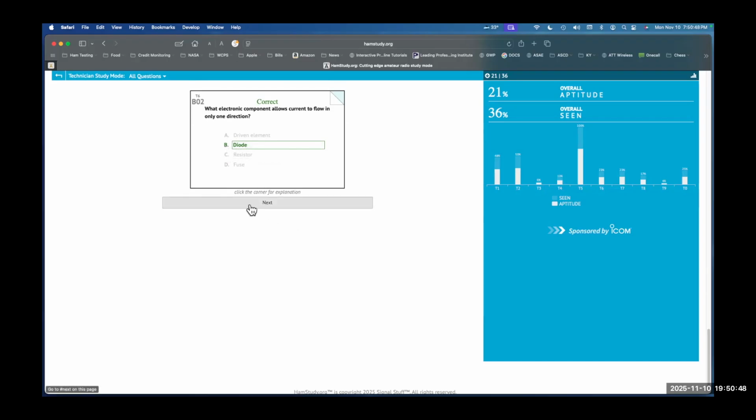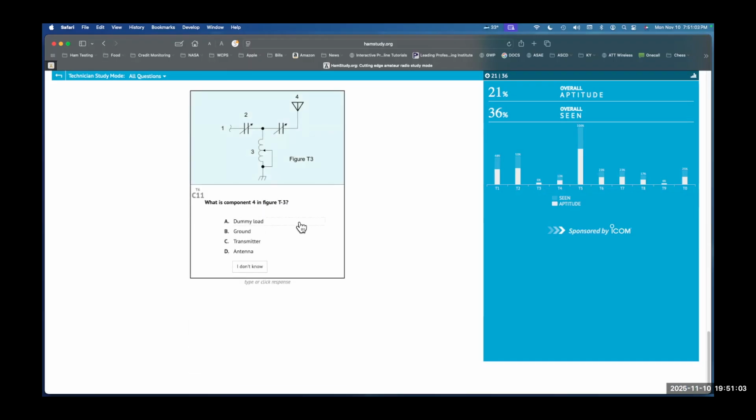And what's the symbol for an LED? What do you see when you're looking at an electronic symbol for an LED? What tells you it's an LED? You remember? Zigzags going up, like two zigzag arrows coming off of a diode that tells you that it's an LED.